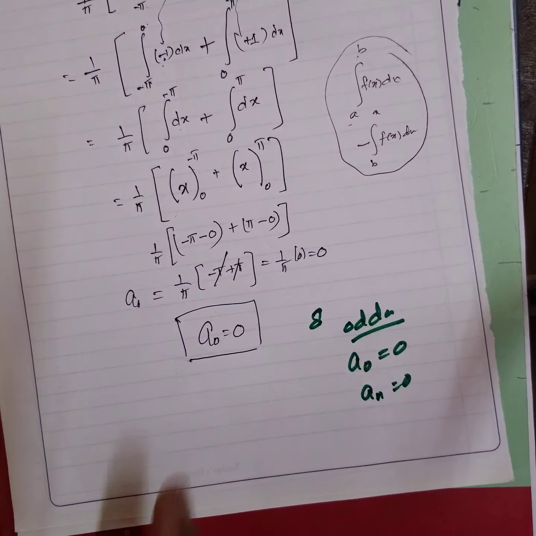As usual, this is minus 1 and this is plus 1. We have done this. Here I am changing the sign along with the limits, 0 to minus pi, so the sign changes, cos nx dx. Here I am not changing, it is 0 to pi, with 1 into cos nx only.